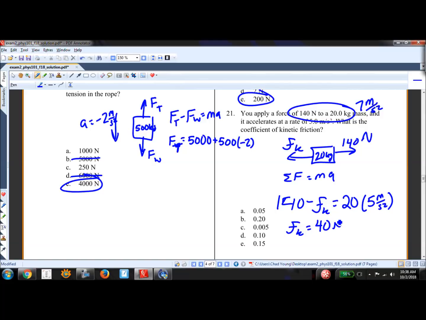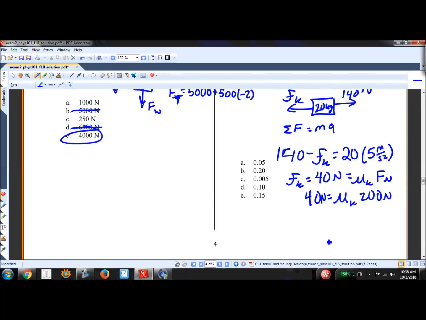All right, now I need to find out what is mu k. My normal force in this case is equal to the weight, so it's 40 equals mu k times 200 newtons. So it's 40 over 200, which is 0.2. B is the right answer.